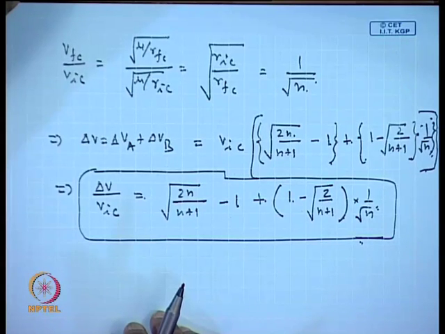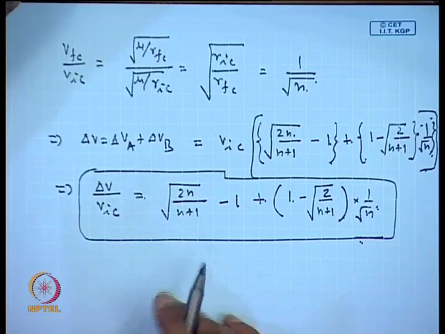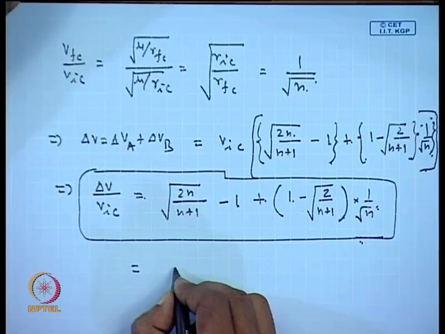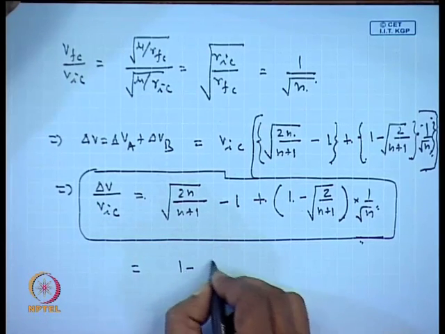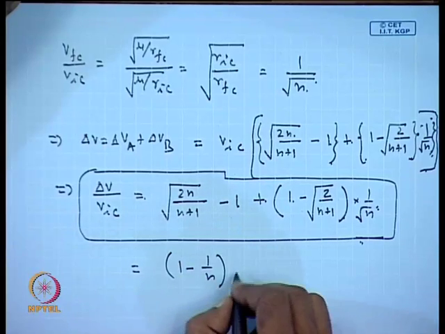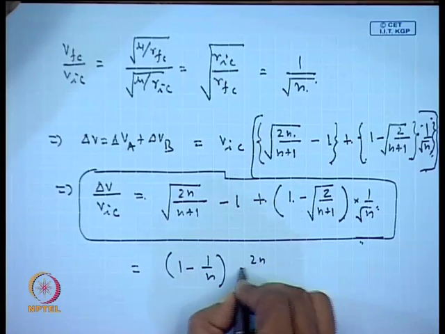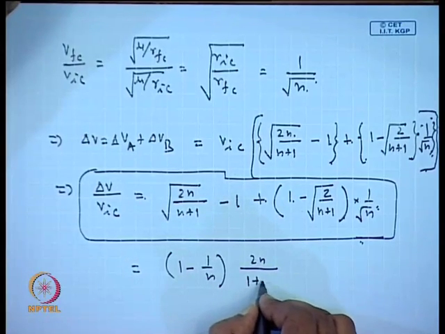So, in this representation some simplification can be done. If you try to write it further, simplify it, this can be written as 1 minus 1 by n times square root of 2n by 1 plus n.